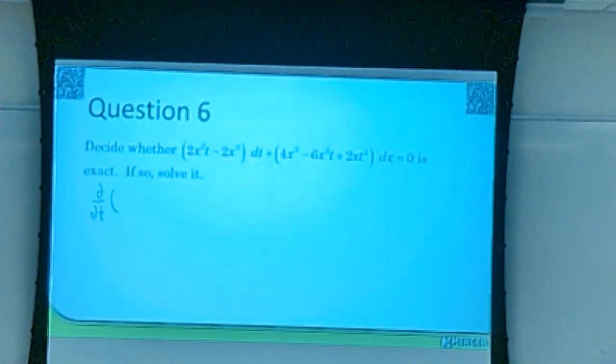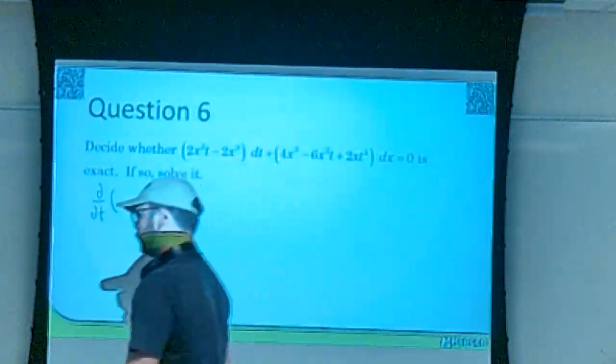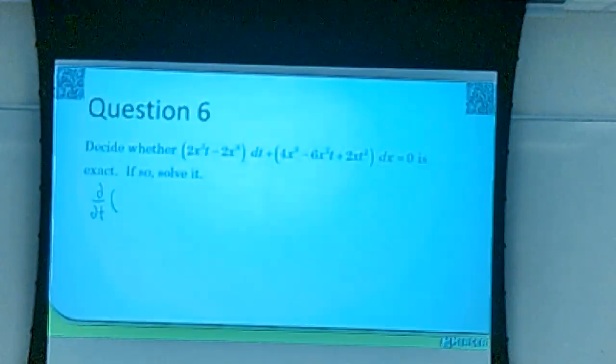Because there's more instances of t. And what are we looking for? Mixed partials. So with respect to t. Oh, you wouldn't take it of dt, you want the one that's attached to the dx. Yeah, that would be the mixed partials.